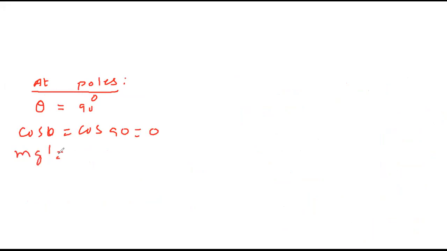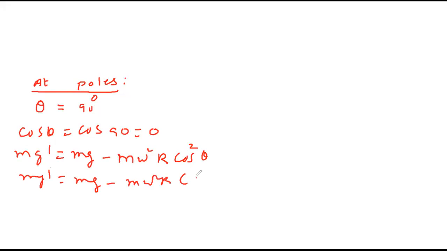So mg dash equals mg minus m omega square r into cos square theta. That will become mg dash equals mg minus m omega square r times 0. So mg dash equals mg.